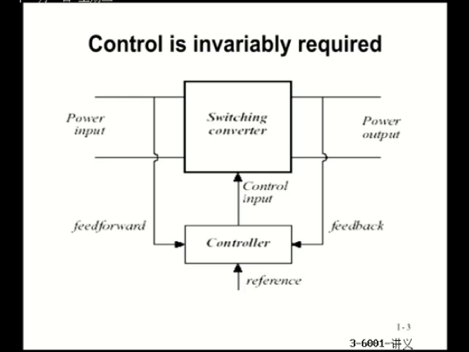This is what I don't like about engineering and science. We usually have too many names for the same thing. Reference has another name, commanding. Or sometimes this is called given value.